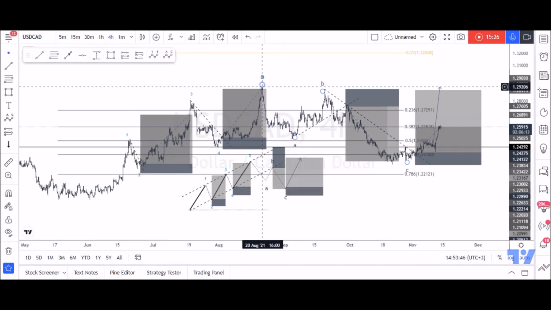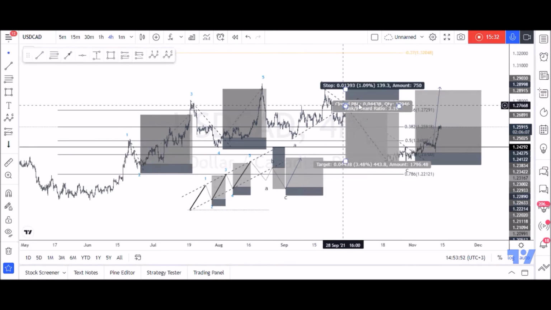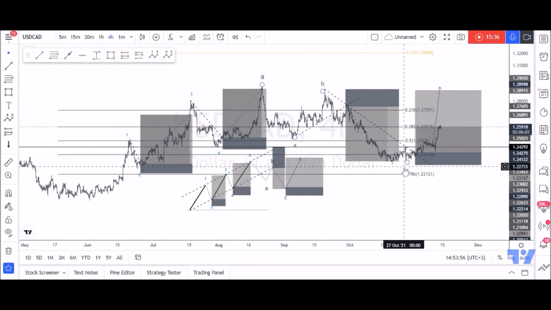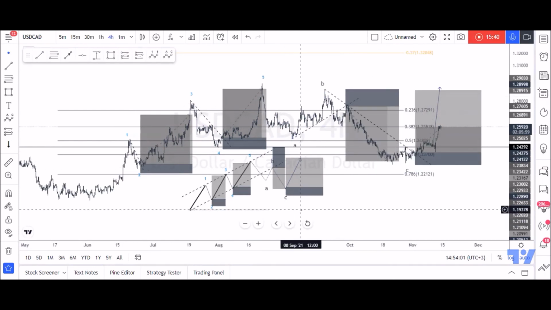After 5, you realize that now we should be looking for a sell. And from there, you wait for the ABC correction, and you sell from B to C and buy from C to D. So that is what we talk about in the trend analysis and what you're going to see in the trend market structure.